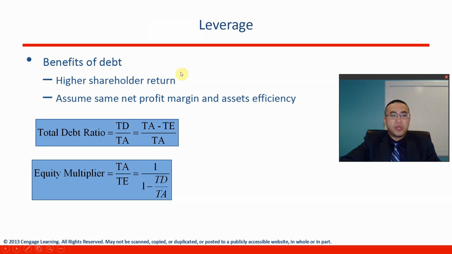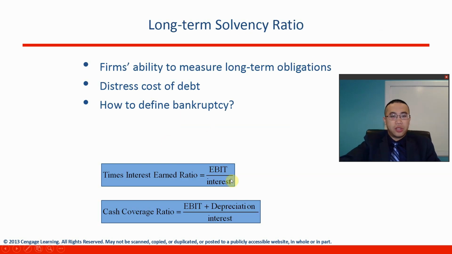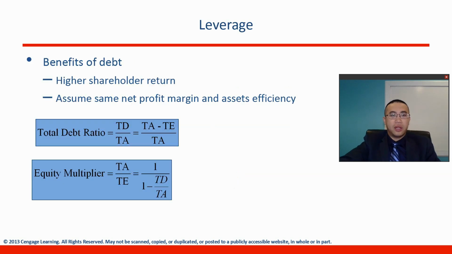After discussing the long-term solvency ratio, we also have the leverage ratio, which is also related to your debt. Before that, we had interest, which is incurred based on the level of debt you have. For the next category, we call it leverage ratio, and it basically addresses the accumulated amount of debt. So you have benefits of debt, which could give higher shareholder return when the debt is higher.